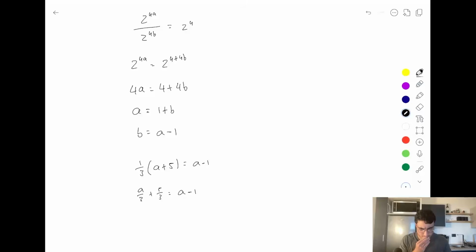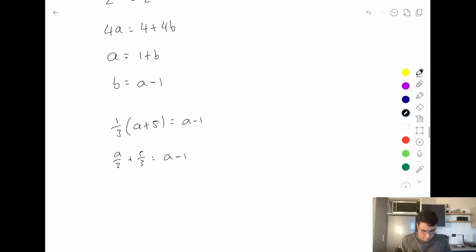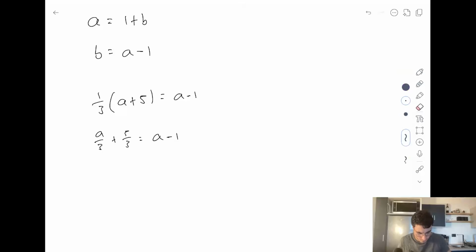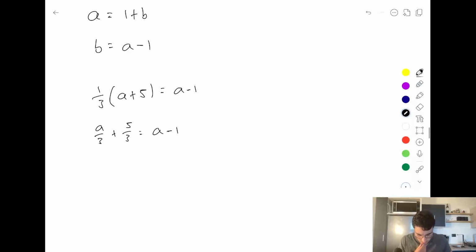So a over 3 plus 5 over 3 is equal to a minus 1.